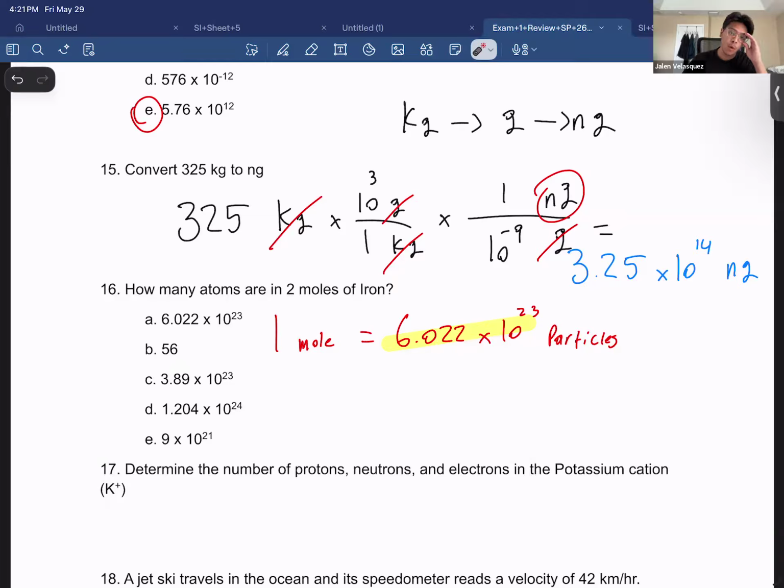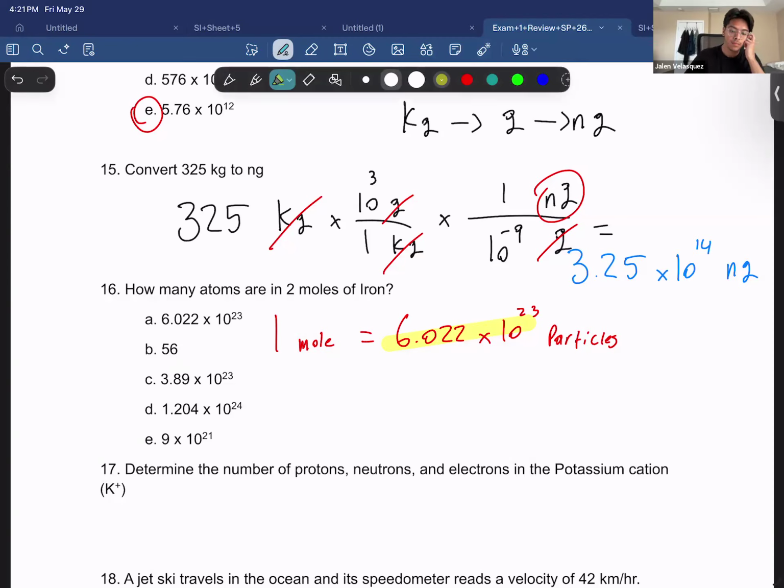So knowing that 1 mole has 6.022 times 10 to the 23 atoms, how many atoms would I have if I had 2 moles of iron? Any ideas what we could do to figure that out?